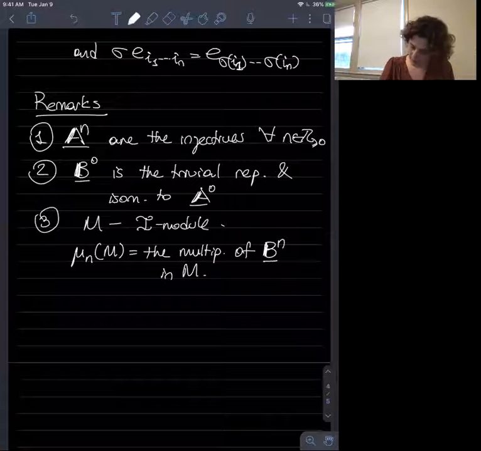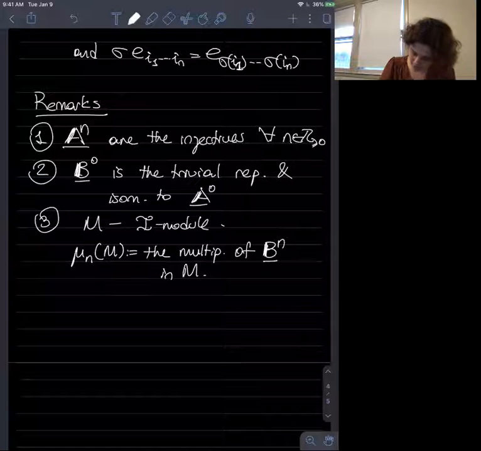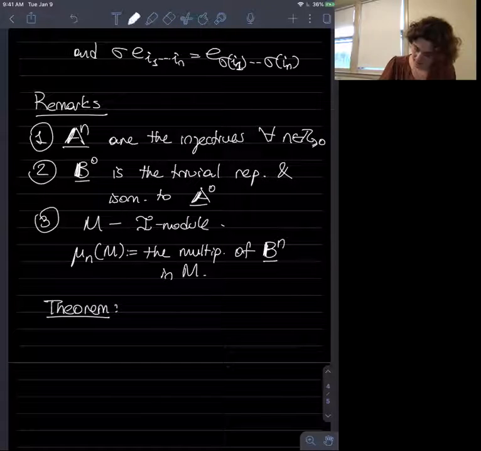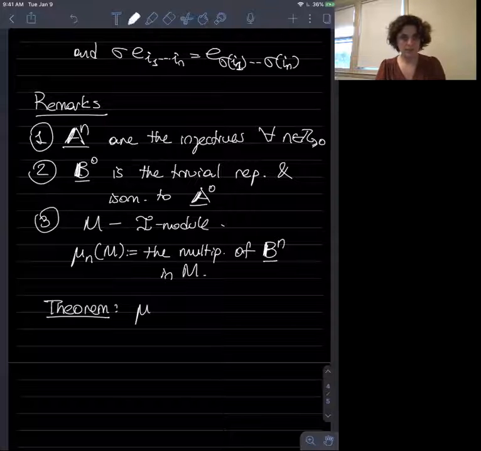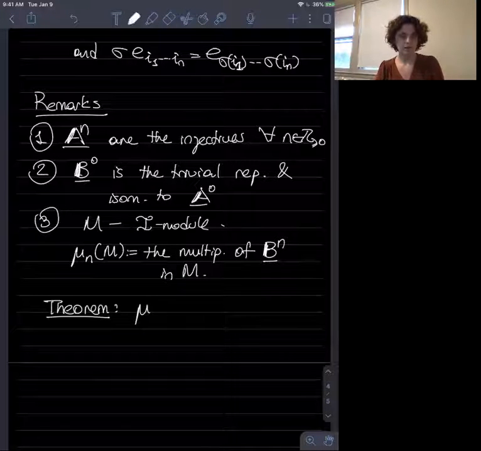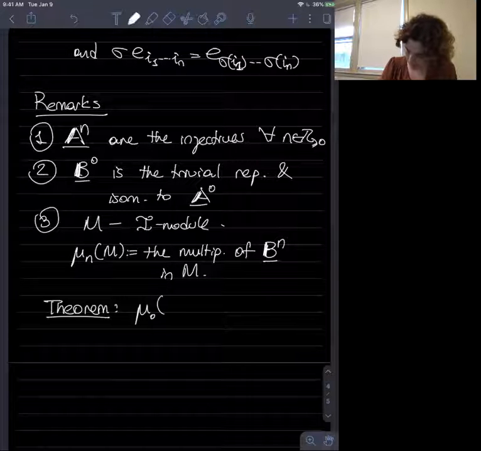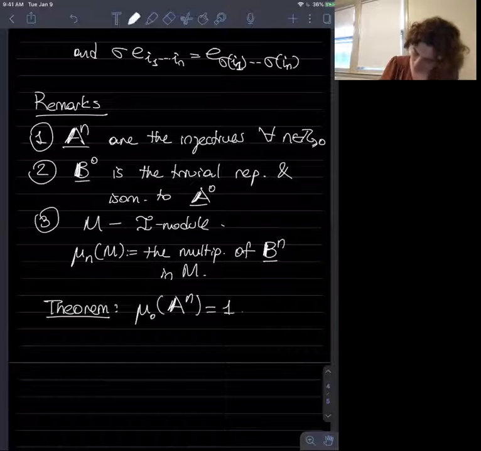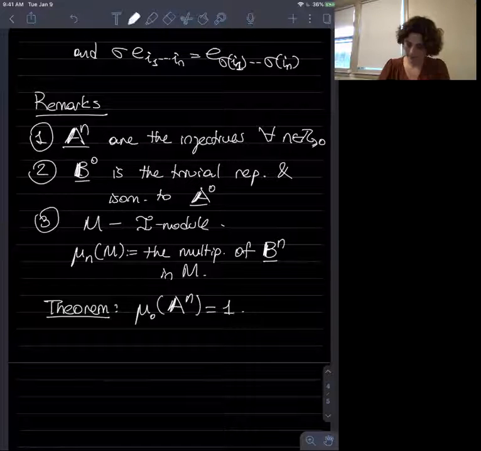After introducing this definition, we had this result: the multiplicity of the trivial representation in principals is always 1.